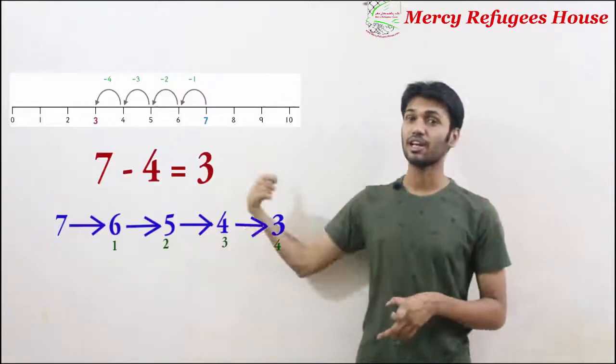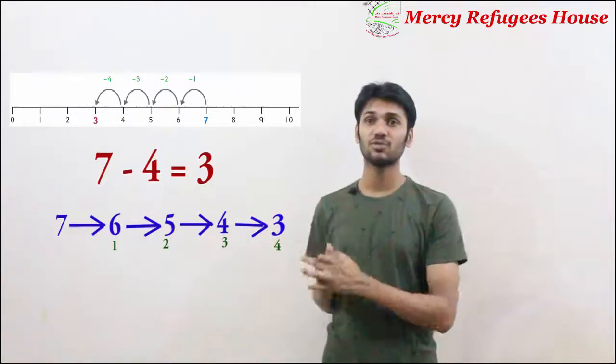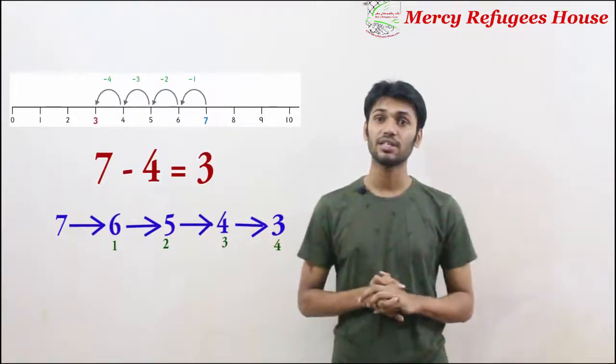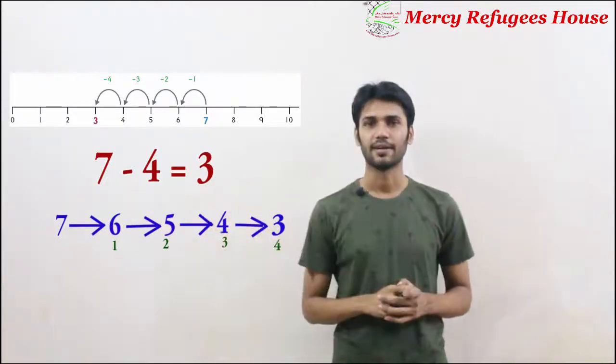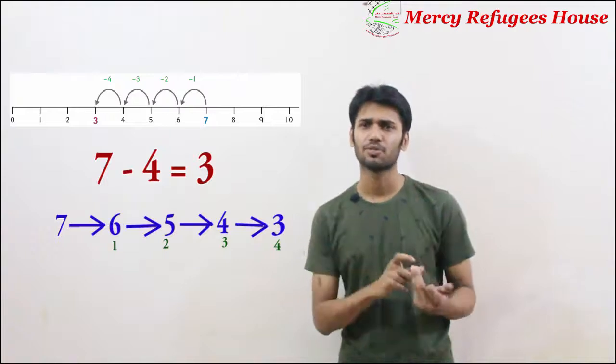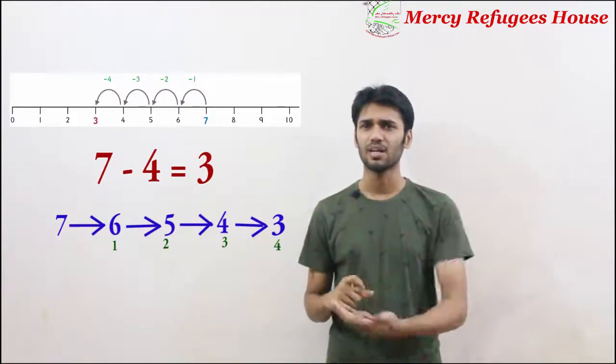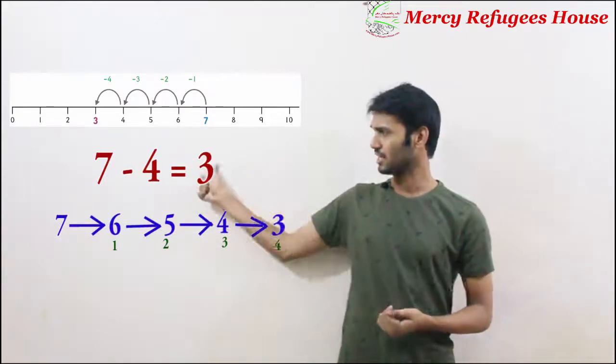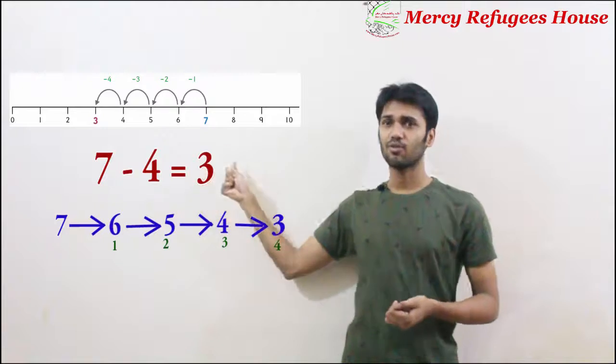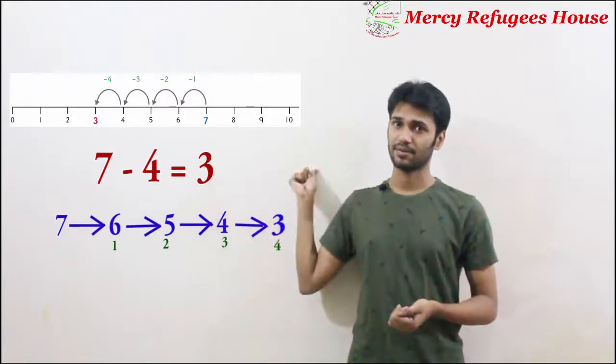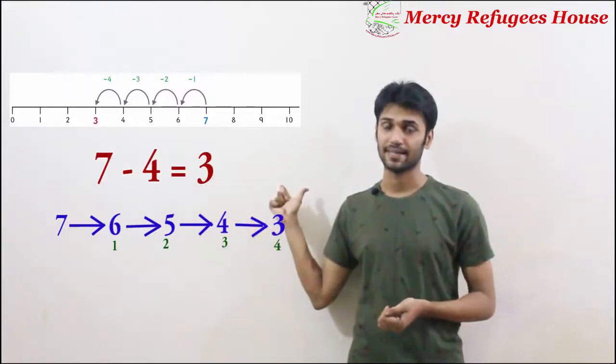Now look at this number line. 7 minus 4 equals what? Look at this, 0 to 10. Now, doing the subtraction, from 7 you are going back 4. 7 here and you are going back 4 items, or 4 scale marks.